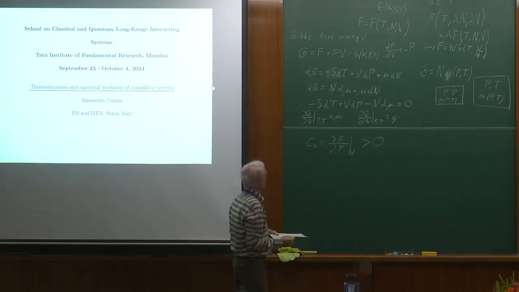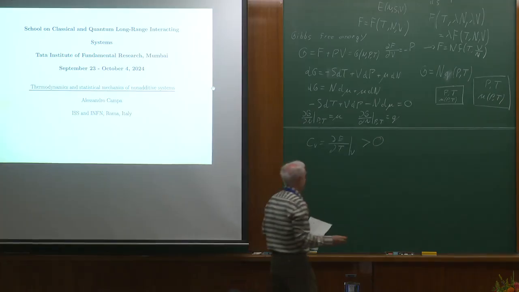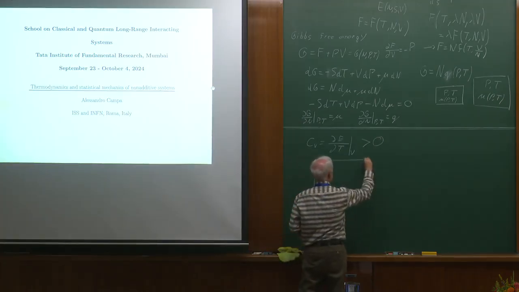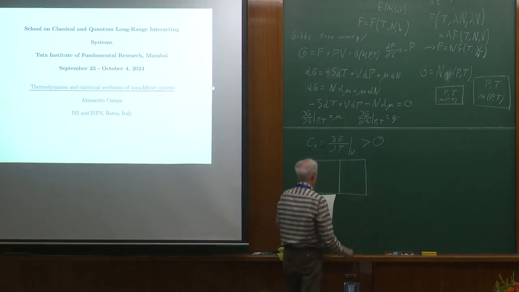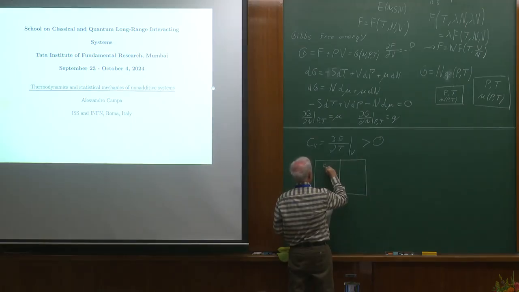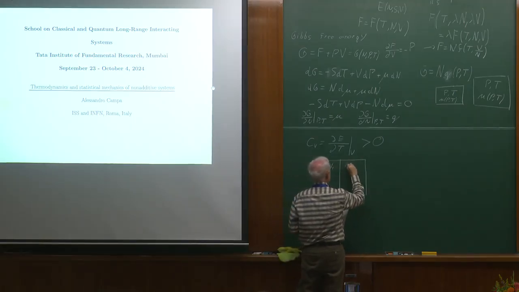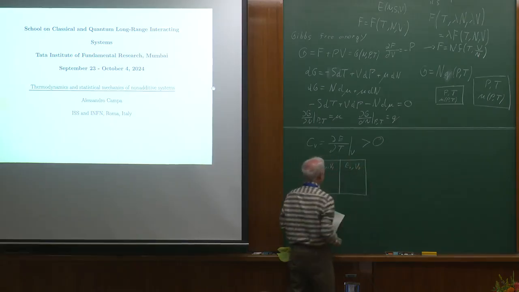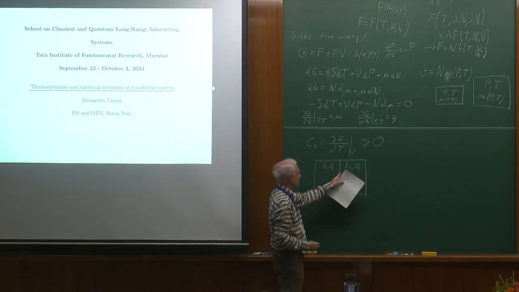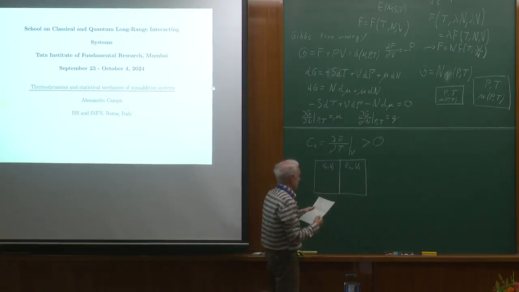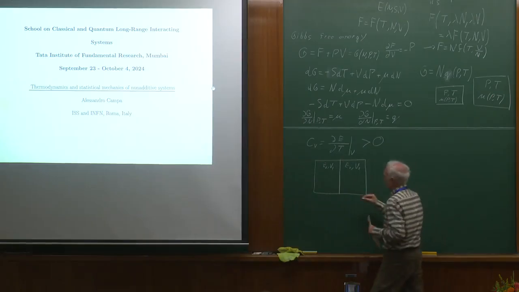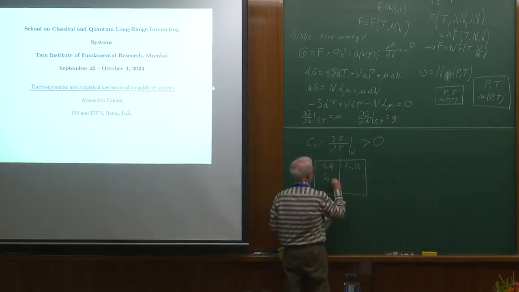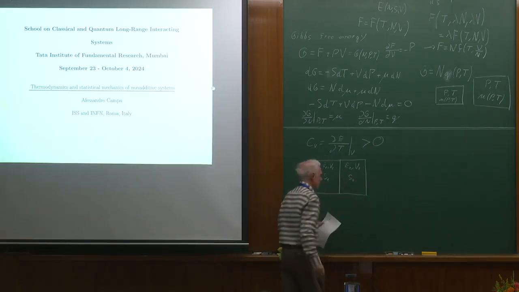And it can be seen by exploiting the additivity in this way. Again, I consider a system and I divide it in two, so here I have a system with energy E1 and volume V1, and E2 and volume V2. And again, I can say that the total energy is E1 plus E2 because it is additive, and also the total entropy will be S1 plus S2.